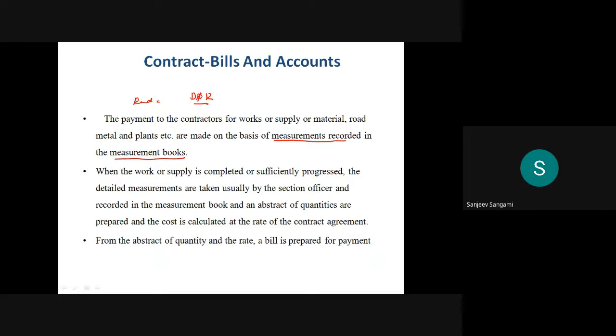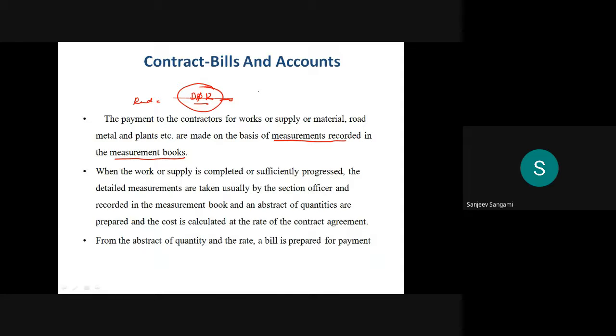Okay, even in the DPR, the detailed project report, whatever the measurements or values are there, the same values will be recorded. Sometimes what will happen is that the DPR is prepared before execution, so they may deviate.